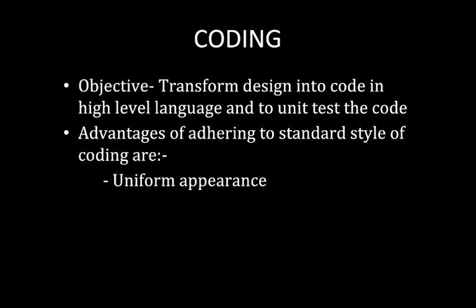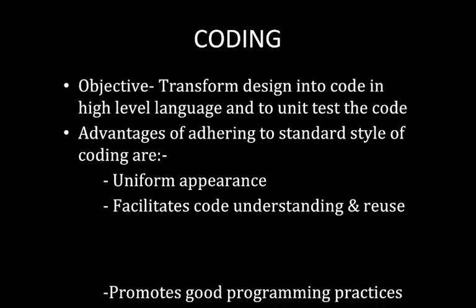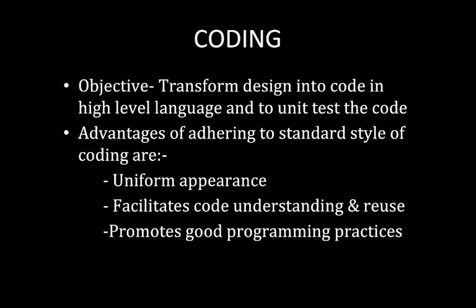If we have a good standard style of coding, then there will be a uniform appearance of the code. If different engineers are working in a software company and everyone follows that coding standard, then the code has a uniform appearance. It facilitates code understandability and reusability. It is very easy to understand the code, and reusability will increase. It also promotes good programming practices.